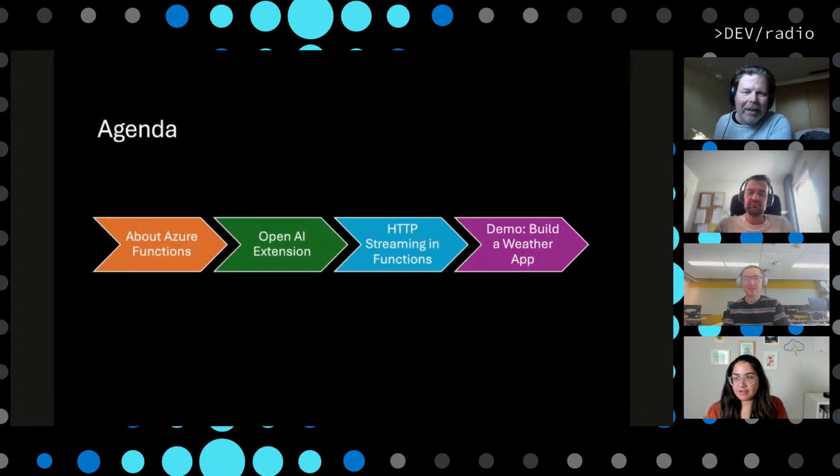So this is what we have for you all today. First, I'm going to go over very briefly about Azure Functions, if you're not already familiar, and introduce our programming model so it's a little easier to follow along when we go through the demos. After that, I'm going to talk a little bit about the OpenAI extension, and Bill will demo that further towards the end, but I will give you a little bit of an introduction.